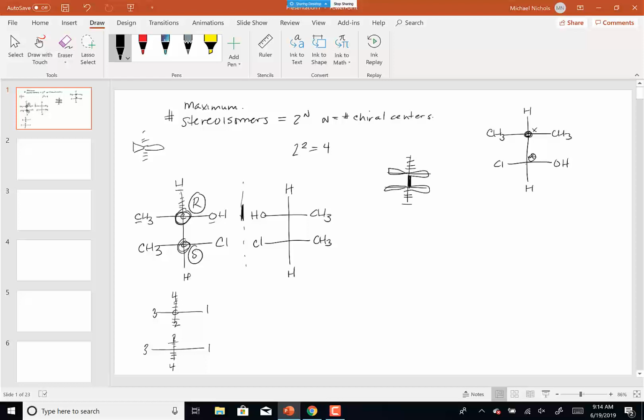For Fischer projections, it's nice because the mirror image of a Fischer projection is another Fischer projection. The mirror image of, let's say, a tetrahedron, if I wanted to draw it, I'm going to have the bonds in different positions. So here would be the mirror images of a tetrahedron, but for a Fischer projection, the mirror image is another Fischer projection.